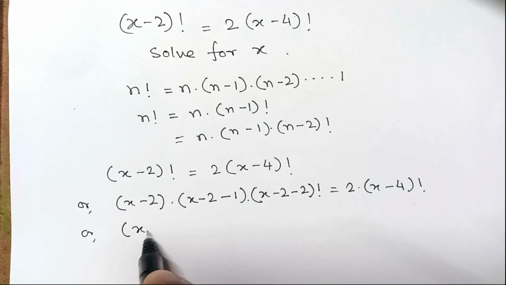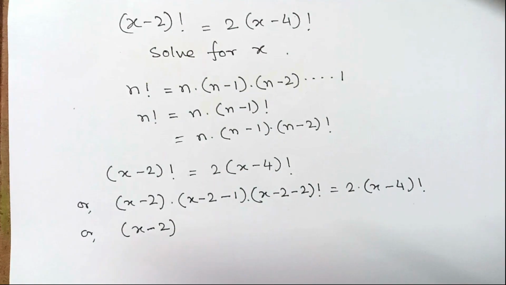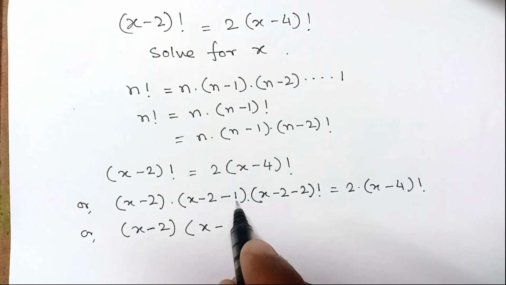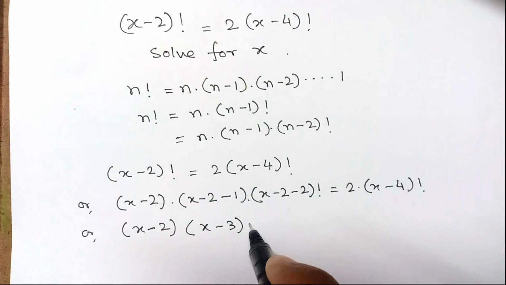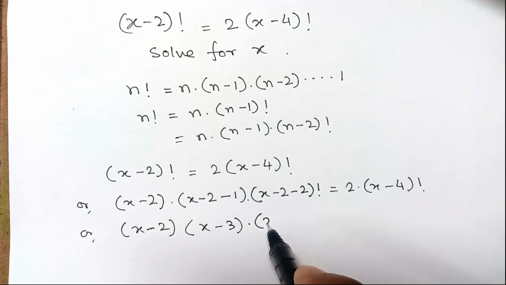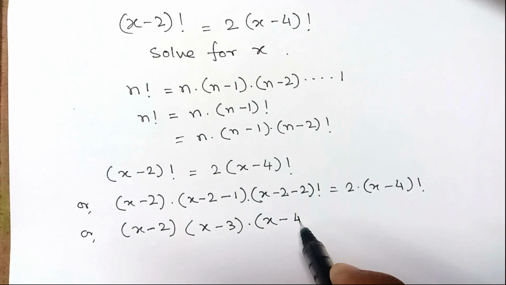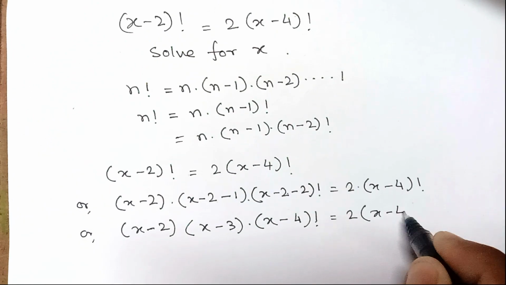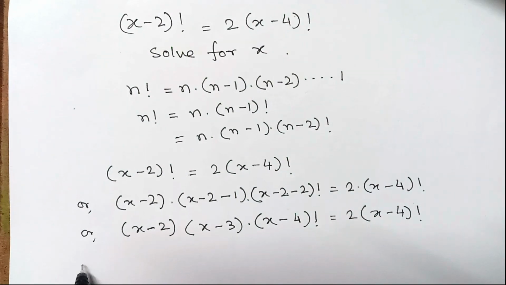Now x − 2 will be there as it is. This will be x − 2 − 1, means x − 3, and this will be x − 2 − 2, that is (x − 4)!, equals 2 × (x − 4)!.